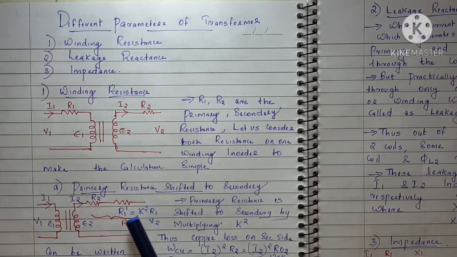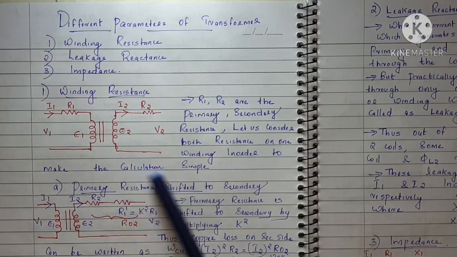Thus, copper loss on the secondary side can be written as WCU equal to I square R. On the secondary side, that means I2 square into R2 plus R1 dash, which makes R02, the resistance in the secondary side. That is I2 square into R02 watts.